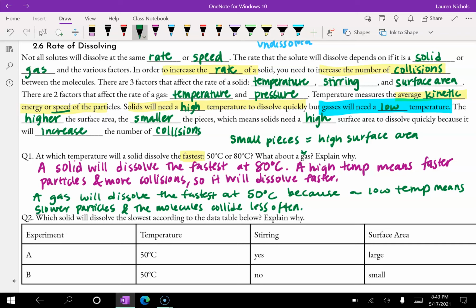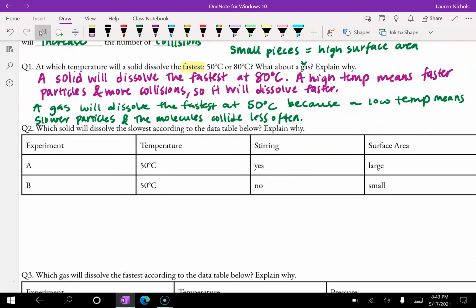You're talking about the collisions, if you're talking about temperature, you're talking about the speed, and you're actually giving an answer. If we look at question 2, it says which solid, so this is important, it's a solid, so we're going to think about a solid, will dissolve the slowest according to the data table.